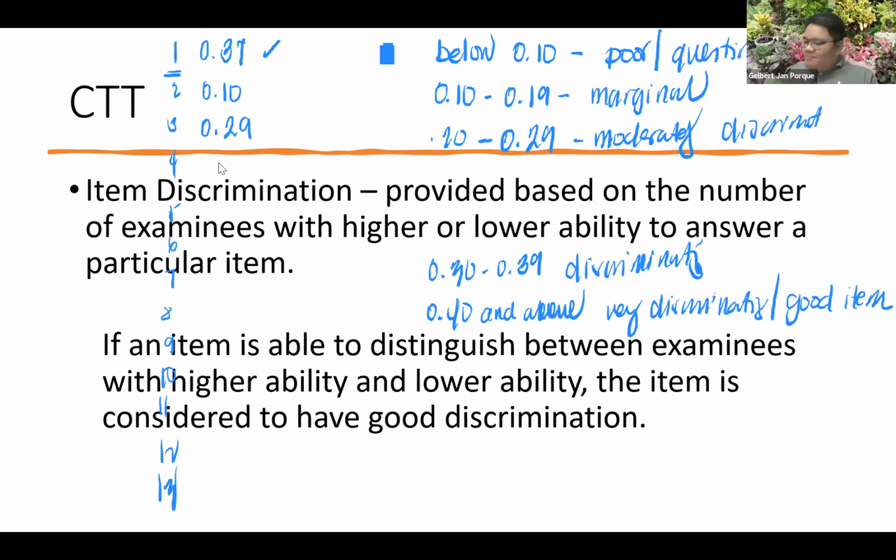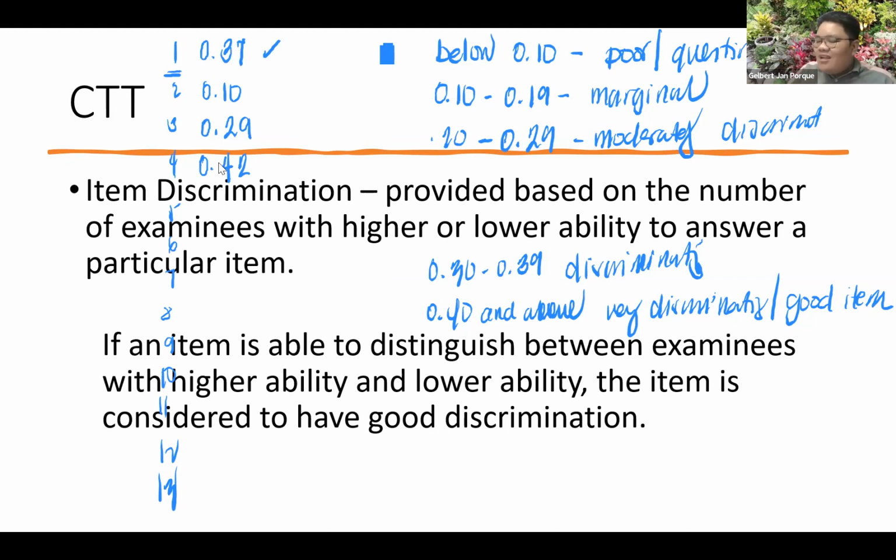But for example, if the discrimination index of question number 4 is 0.42, if Mary Lou got it correct in item number 4, I know that Mary Lou understood our introductory topic. If Juan, for example, got it wrong in item number 4, I know that Juan does not understand our topic. That's what we mean by discrimination index.